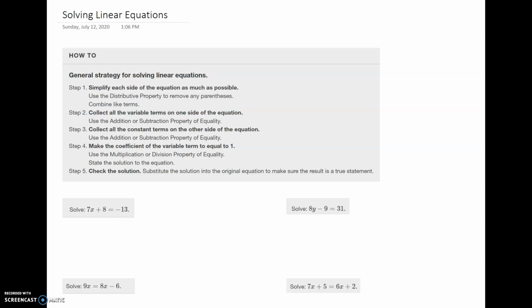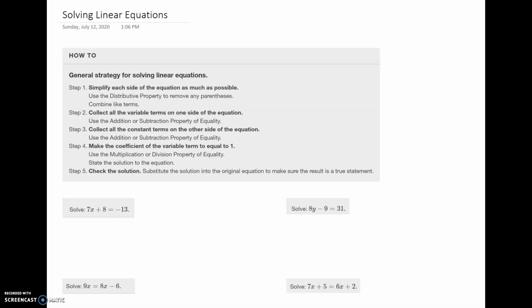You may not have to do some of these steps in order to move on to the next one, but it is helpful to have these in your brain as almost tools in your math toolbox. So I'm just going to read them and then we're going to solve a bunch of equations.